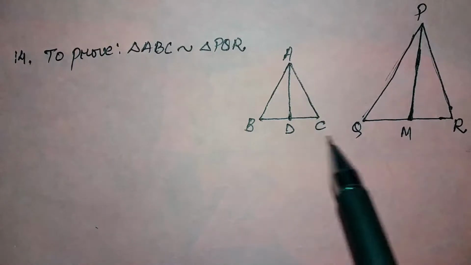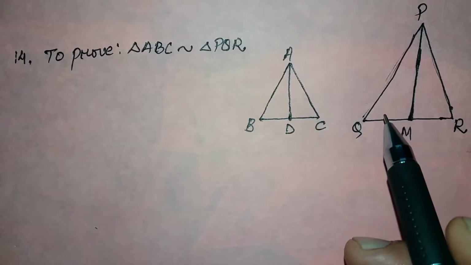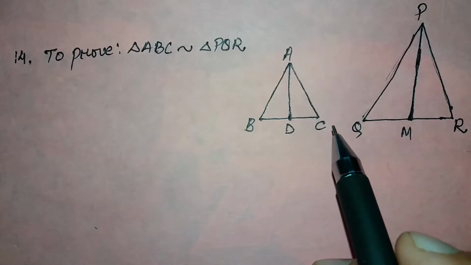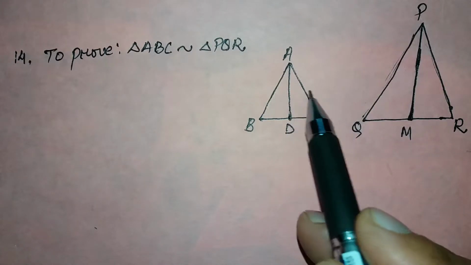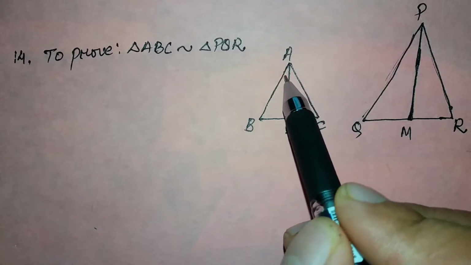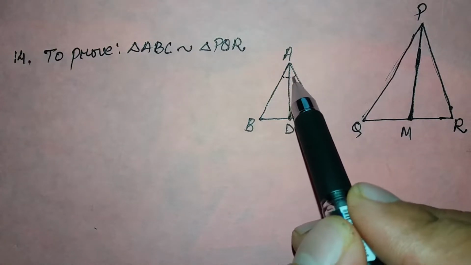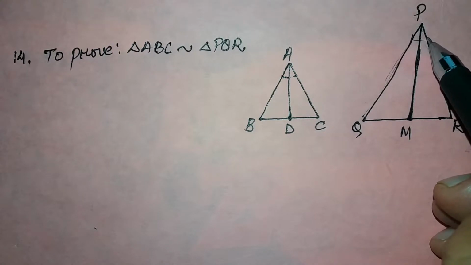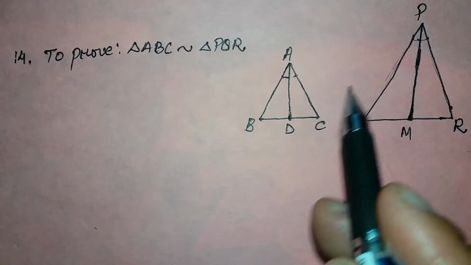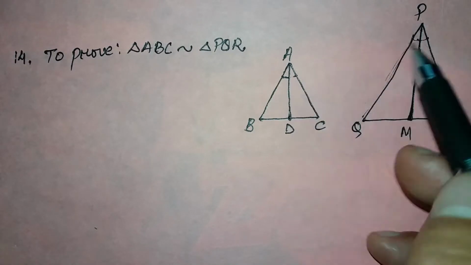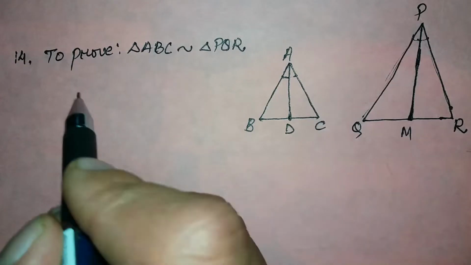That is what proportional means. So that is what the question has given. Now what we will do here is try to get this angle A and angle P equal. So let us see how we can get these two angles equal.